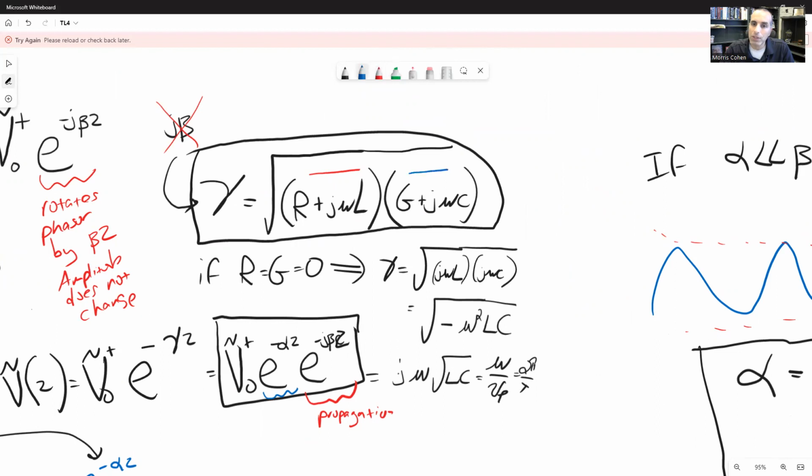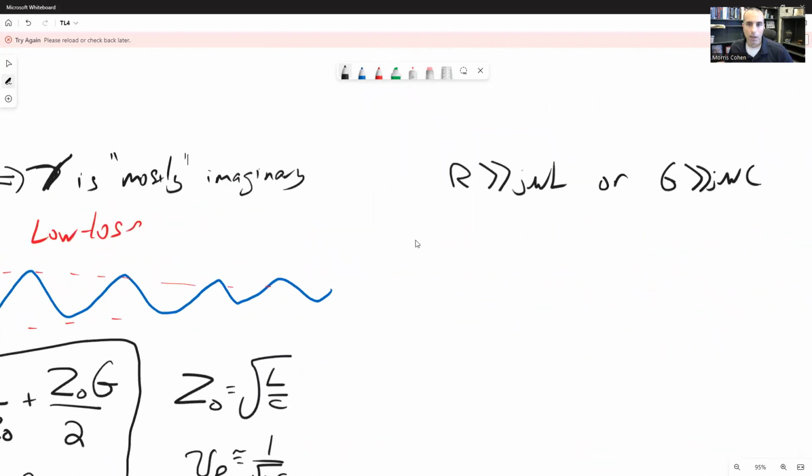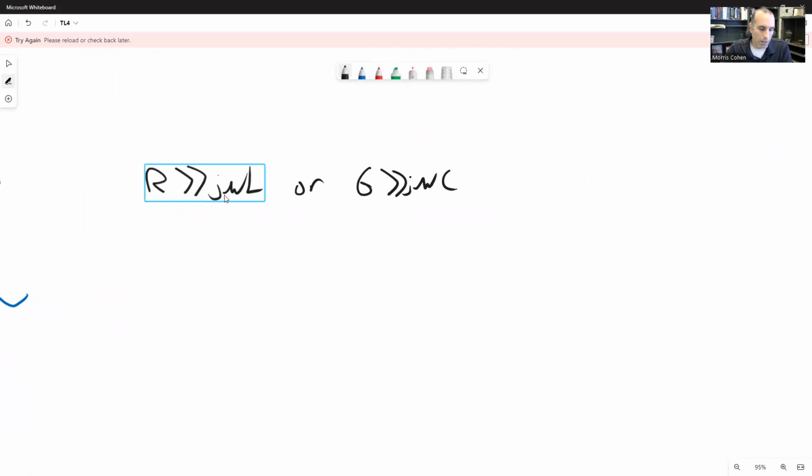And likewise, if G is much greater than j omega C, we're going to get the admittance dominating over the effect of the capacitance. And so we almost have a wave that's attenuating faster than it can propagate. And that's what we're going to call evanescent propagation. Or if you prefer, you can call it high loss.